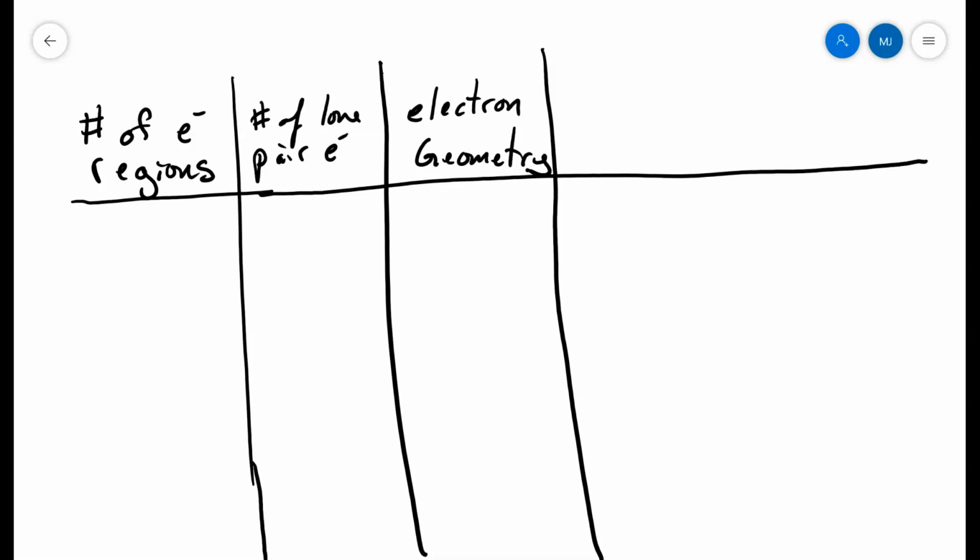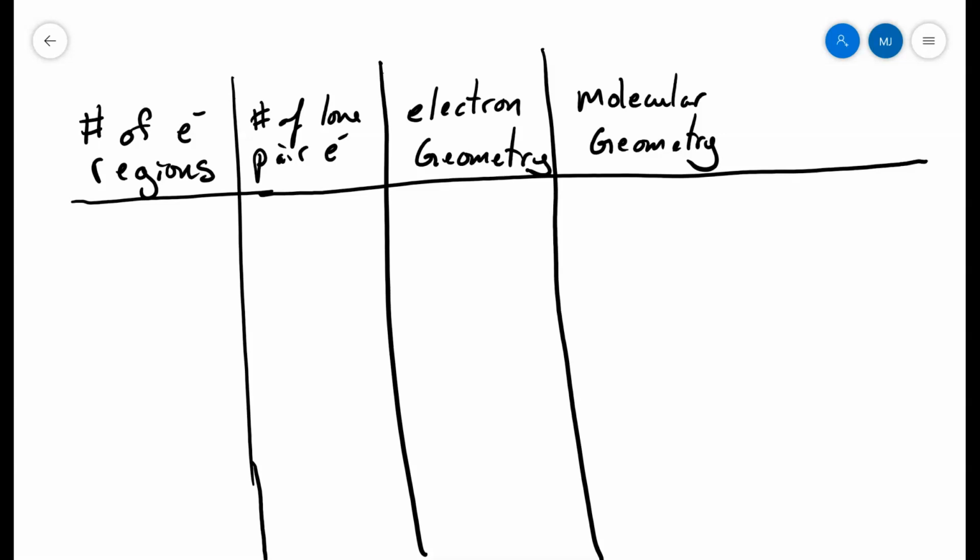Now, the electron geometry is going to tell us where in space we can find both the bonding and the non-bonding electrons. That may be the same, but sometimes it's different than the molecular geometry. The molecular geometry is where the atoms are.